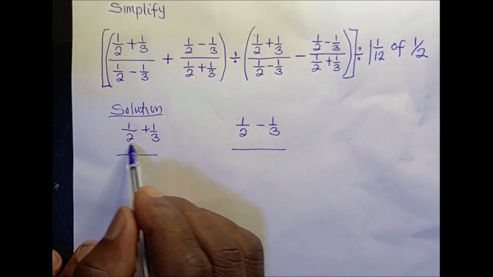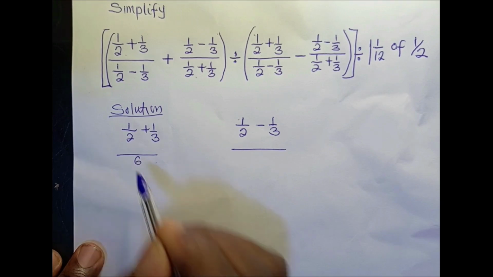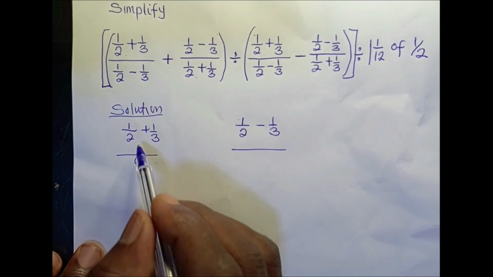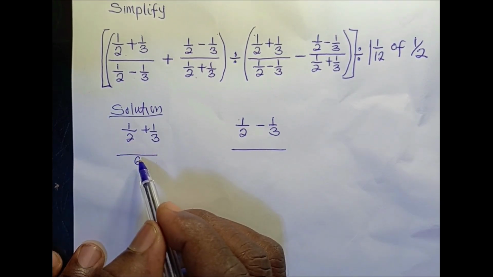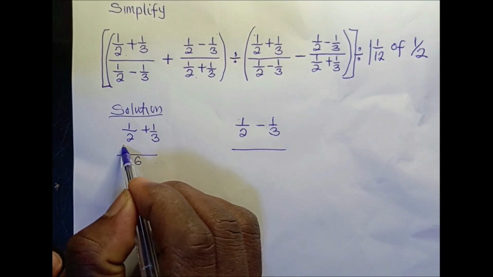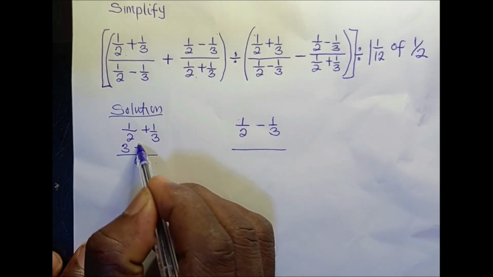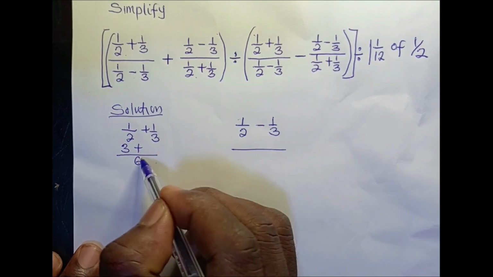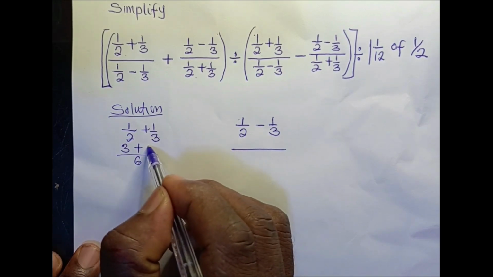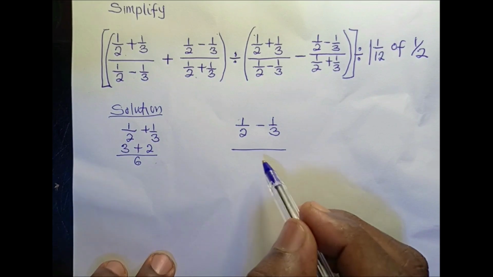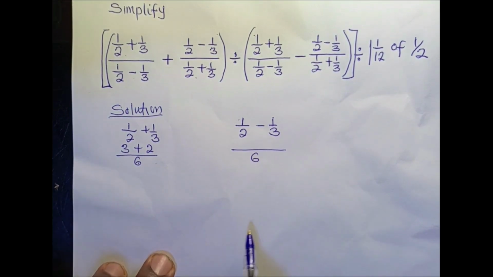This one, what is the LCM of 2 and 3? We have 6, and 2 goes into 6 how many times? 3 times. So 3 times 1 will give us 3, plus 6 goes into 3, 2 times 1, and that also gives us what? 2. Then we'll have 6 here as the LCM for this side too. Remember, we're not going to do the subtraction yet.